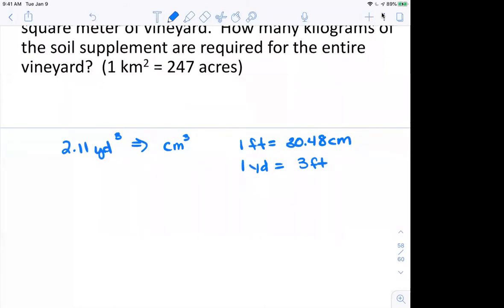This goes from English to metric, so this is measured. This one would have 4 sig figs. This goes from English to English, so this is exact, and it has unlimited sig figs. But those are the two things that I have to use.